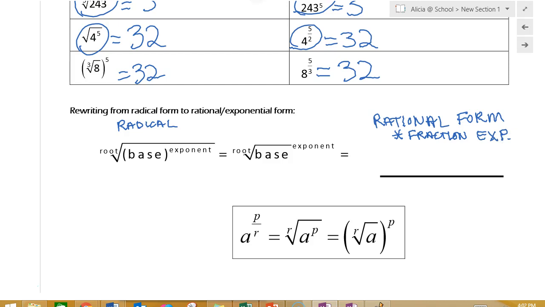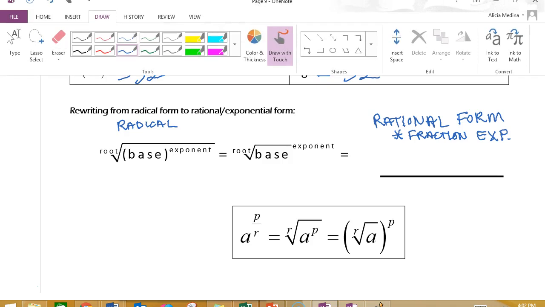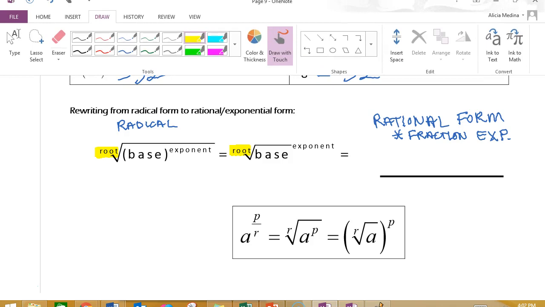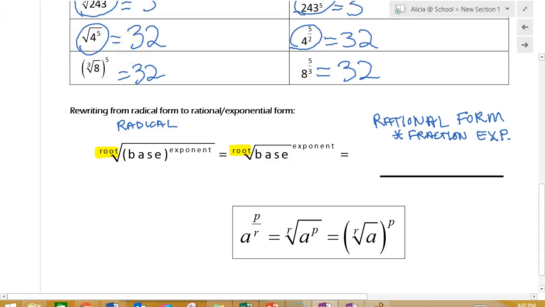So let's look at this here. If I have a root number, right? This is my root number. I also use the word index up above. You see that that root number, when rewriting our bases, kind of stays there until we actually rewrite our base completely. Our base never changes unless we can simplify, like on the right side of the table above, we were simplifying.